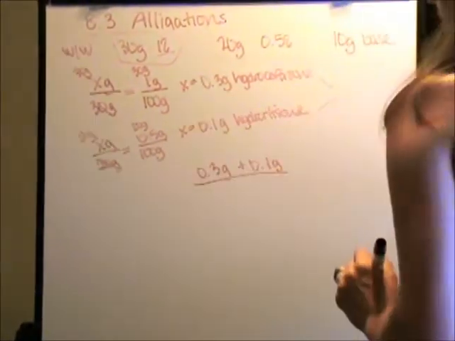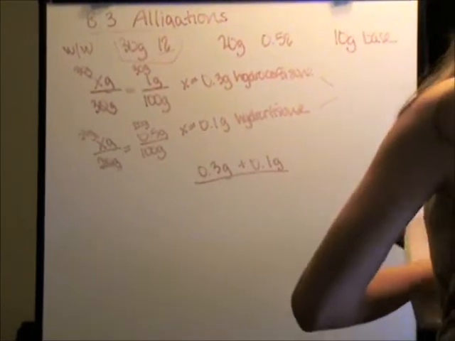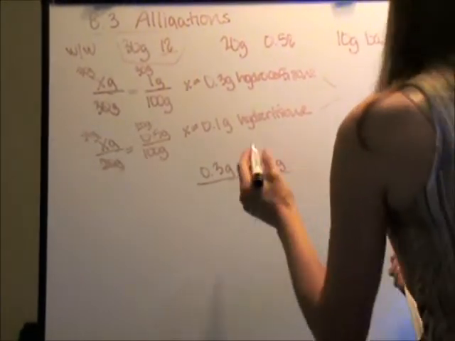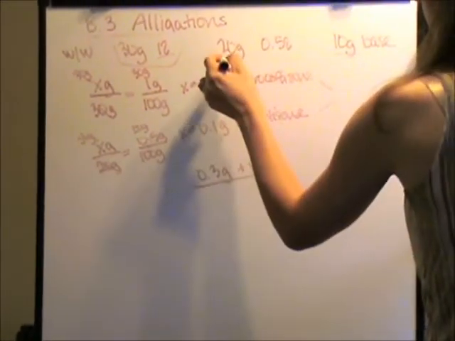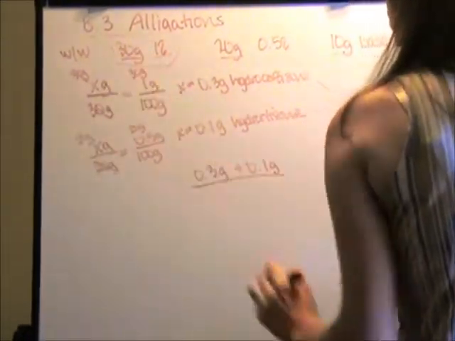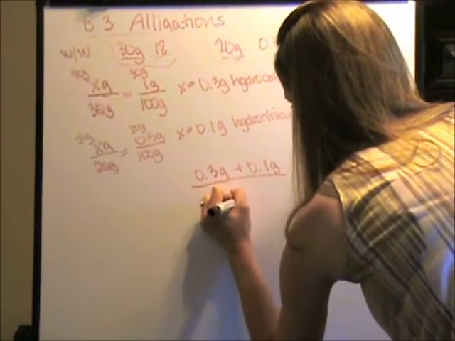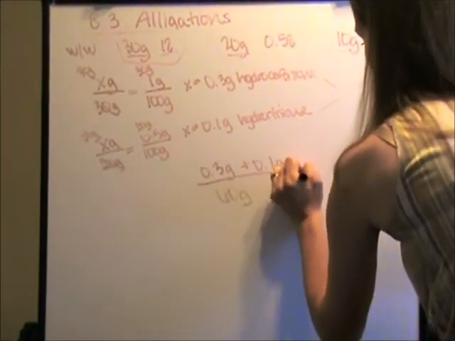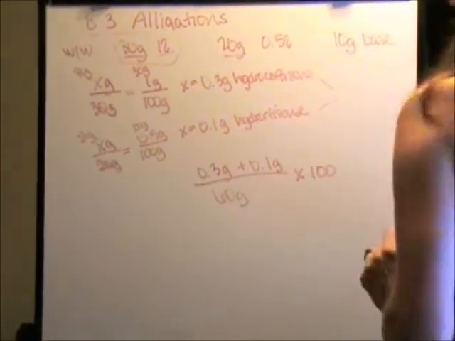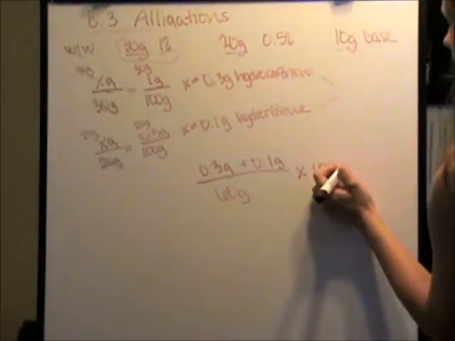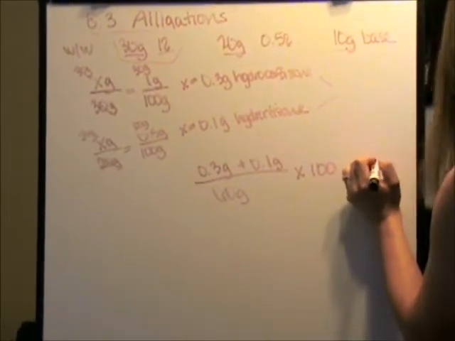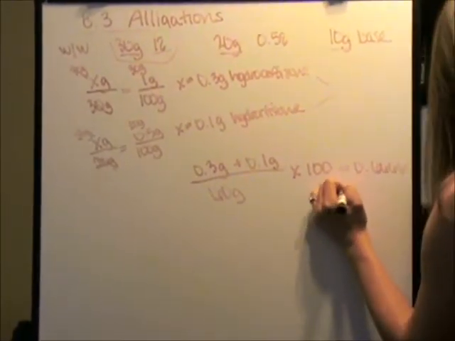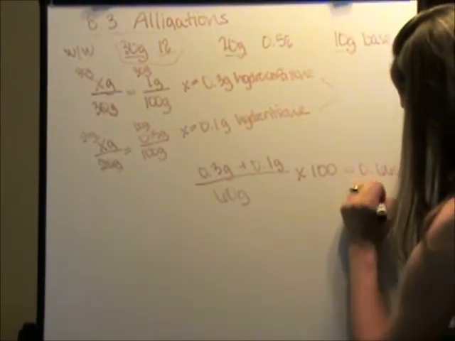We're going to divide that by the amount of the mixture. 10 grams plus 20 grams plus 30 grams is 60 grams. Add these two, divide that, and multiply it by 100. And if you do that, it's going to come out to 0.6666 and we're going to round that to 0.7%.